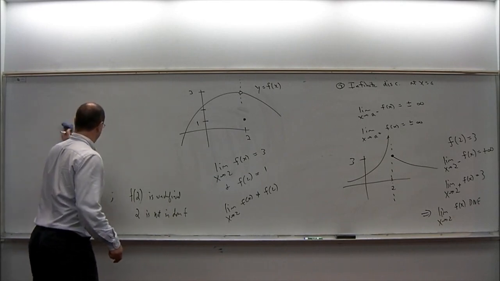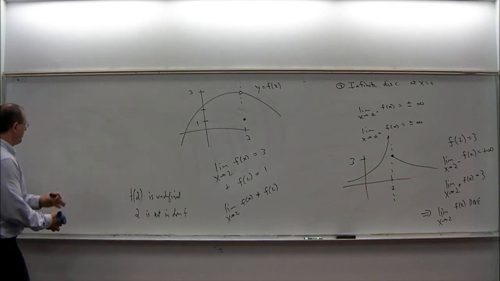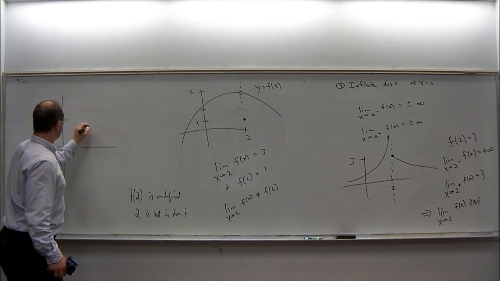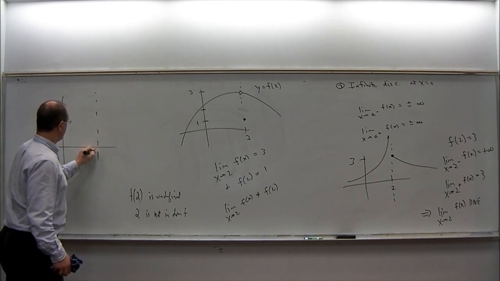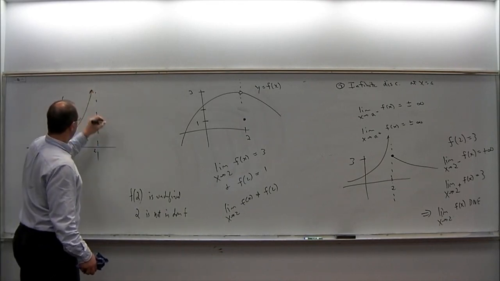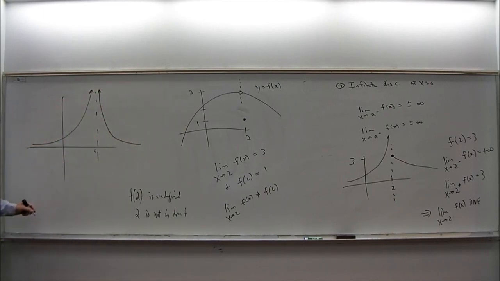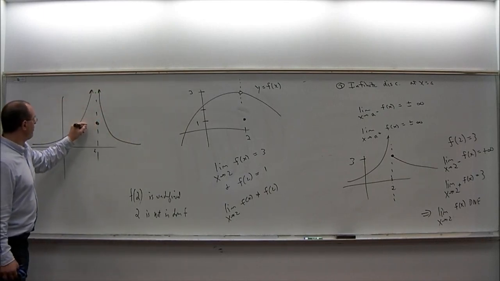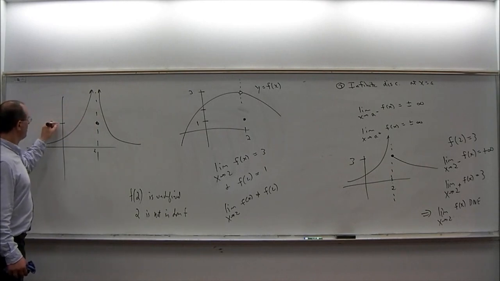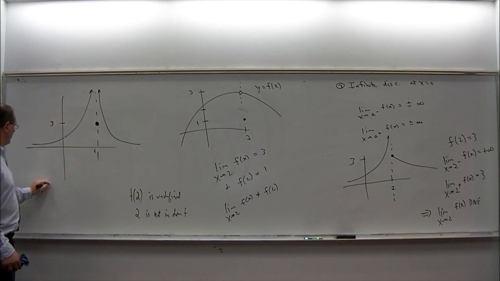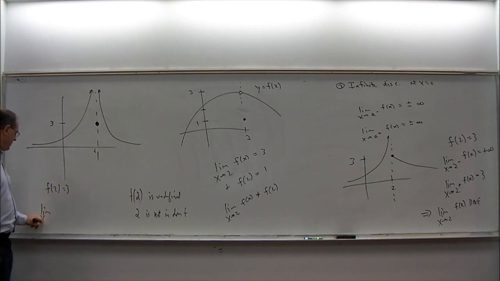One other example of an infinite discontinuity. That's 2 again. Let's say we have this situation. We could let f of 2 be 3 again if we like. Let's put this dot on the curve so that f of 2 is equal to 3. Now the left side limit and the right side limit are equal.